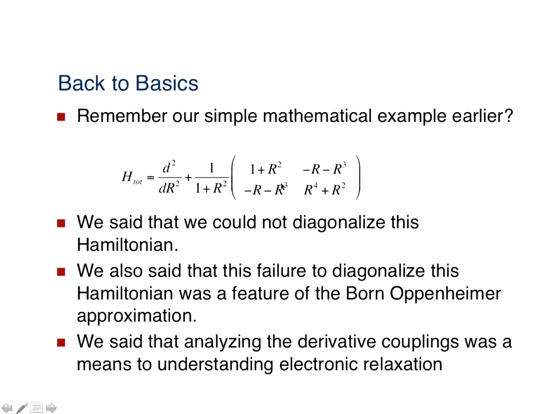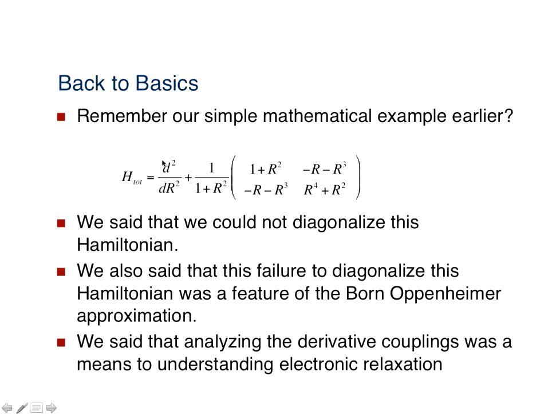So we said that this failure to diagonalize the Hamiltonian was a feature of the Born-Oppenheimer approximation, and it accounts for the fact that there must be nuclear electronic relaxation, that electrons can relax and give energy off to nuclei. And we said earlier that derivative couplings were a means of understanding electronic relaxation. Well, derivative couplings come about when you try to diagonalize this one and not this one.